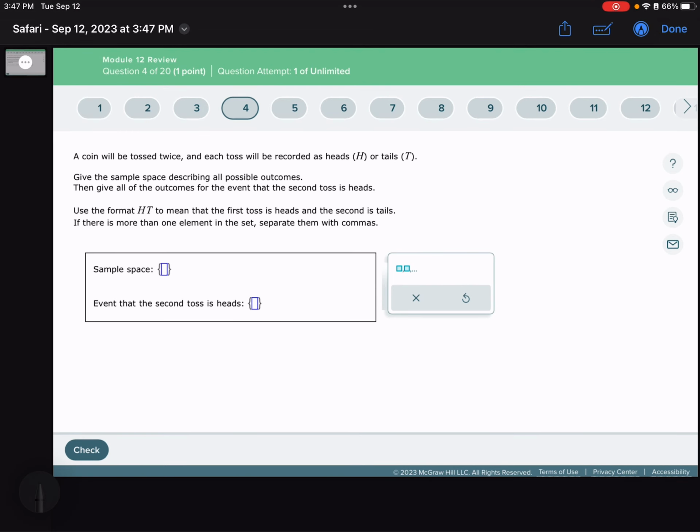Number 4, sample space again. So I am tossing my coin 2 times. So I could get a heads with a tails, or I could get tails with heads. Some of yours might say 3 times.